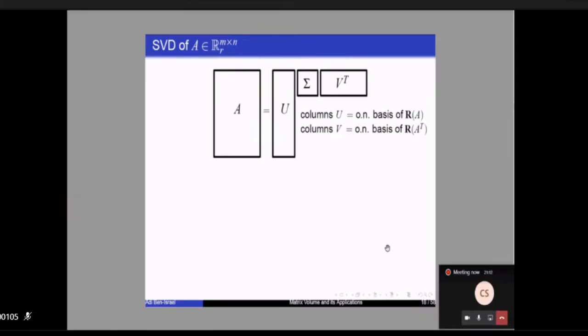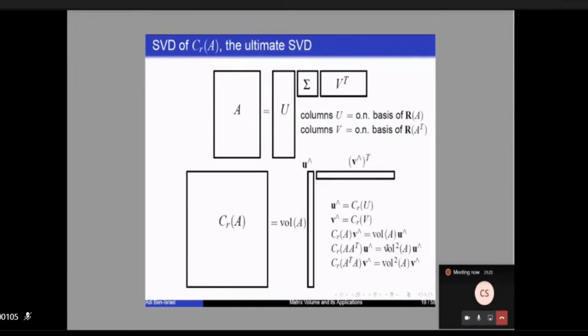The columns of U are orthonormal bases of the range of A, etc. The corresponding singular value decomposition for CRA, A is of rank R, is this. The matrix CRA, sigma, comes out as the volume of A, a number.